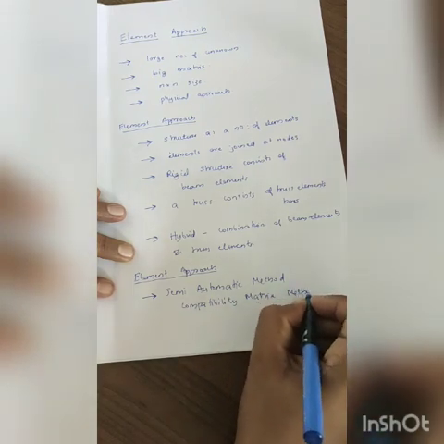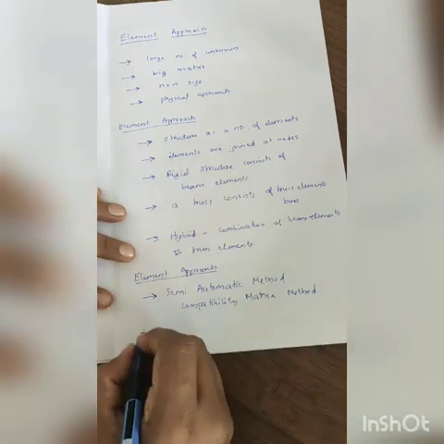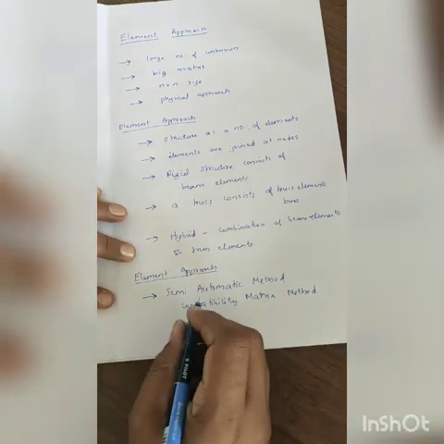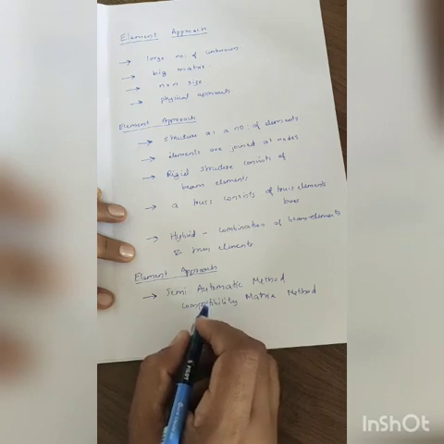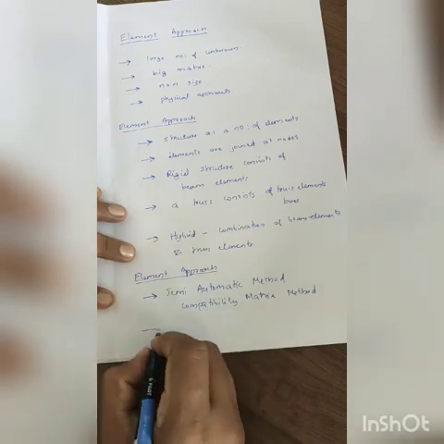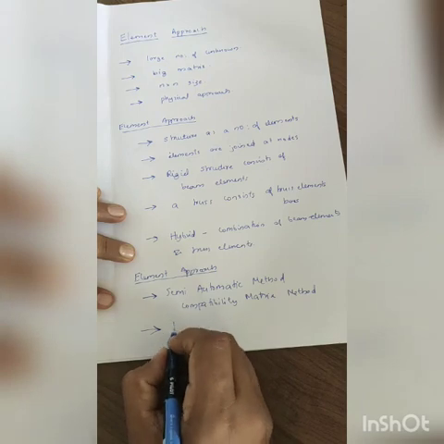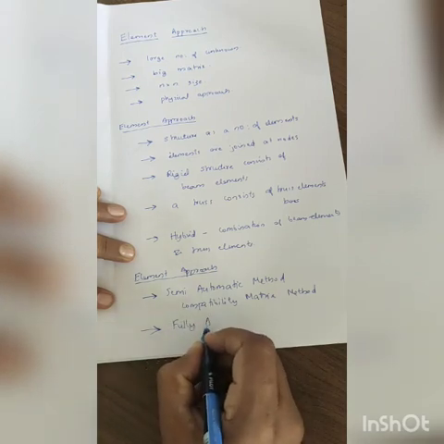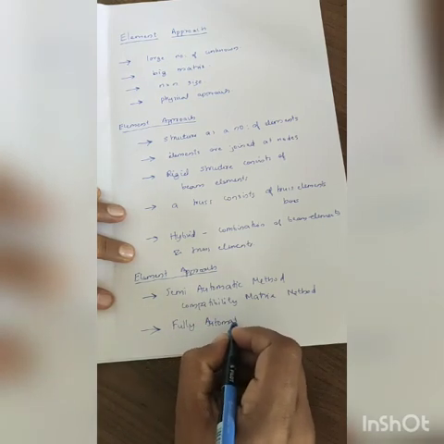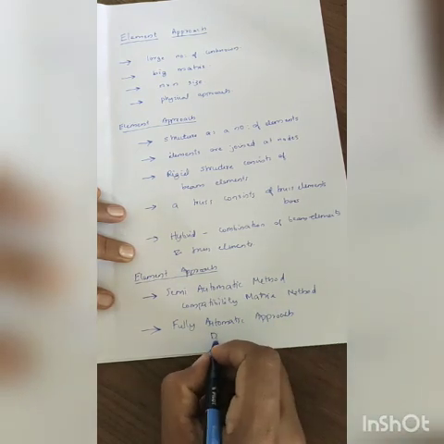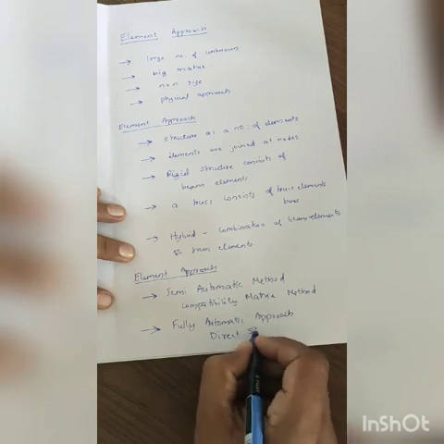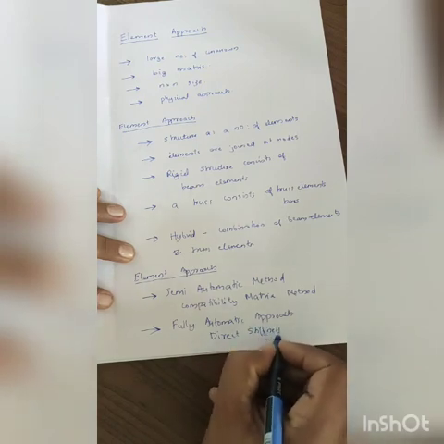That is one of the element approaches, and it is discussed in module 4. We will start module 4 after completing module 5. Module 5 entirely discusses the fully automatic approach, or the direct stiffness matrix method.